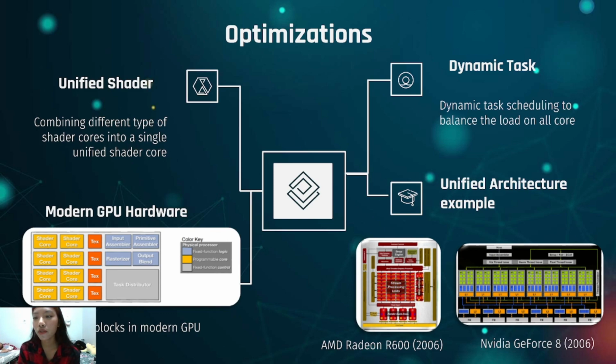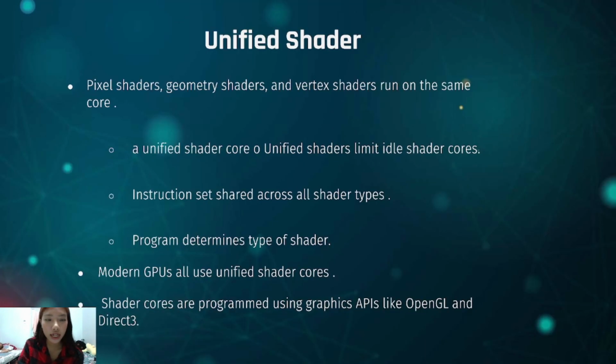Then there are unified architecture examples, which are the AMD Radeon R600 in 2006 and NVIDIA GeForce 8 in 2006 as well. We move on to the next slide. It's about the unified shader. Unified shader cores can be considered multitaskers because they basically do the job of pixel shaders, geometry shaders, and vertex shaders on the same core.